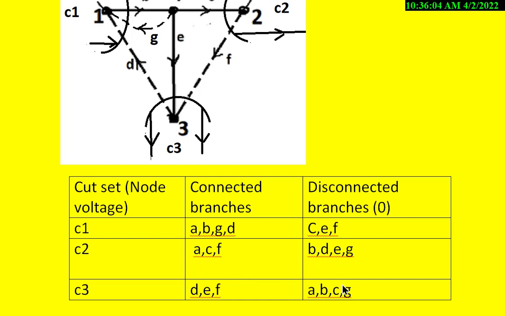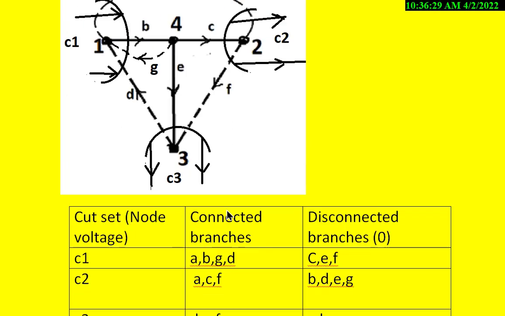The disconnected elements will get 0 in the matrix, whereas the connected elements will get plus 1 or minus 1 depending upon the direction of the element current with respect to the node of that cut set.